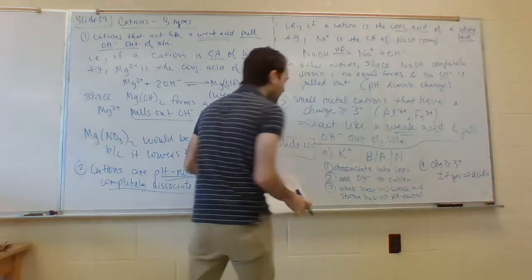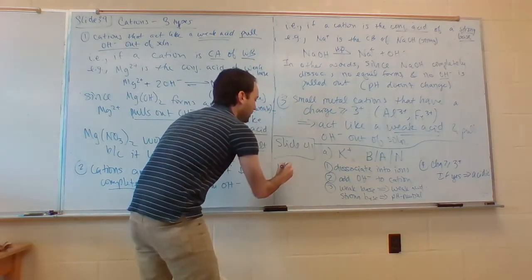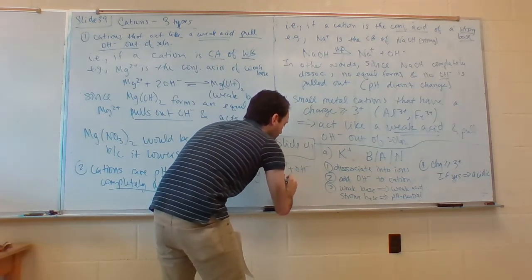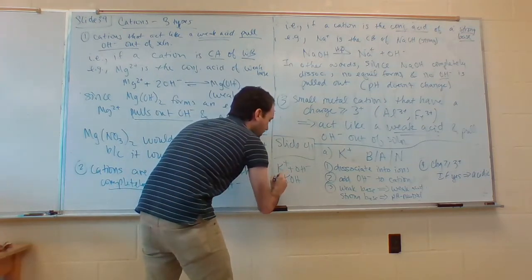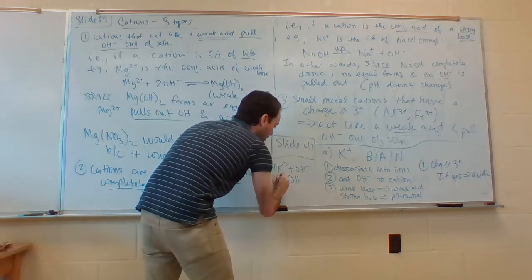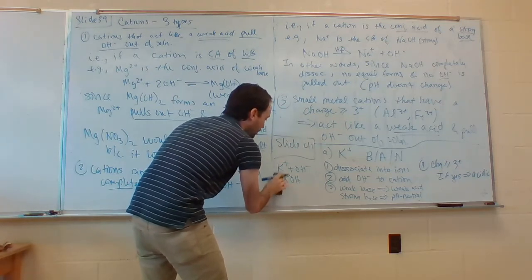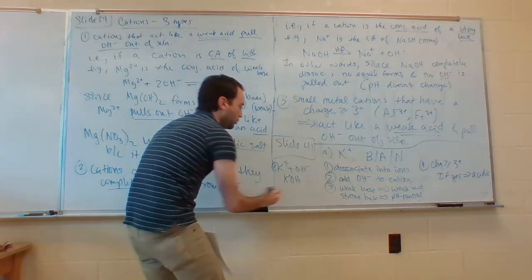Now, if we're looking at potassium plus, we know that's our cation, we're going to add OH minus, and that will give me potassium hydroxide. So that is step 2, because we already did step 1. Step 1 is to dissociate. That's step 2.